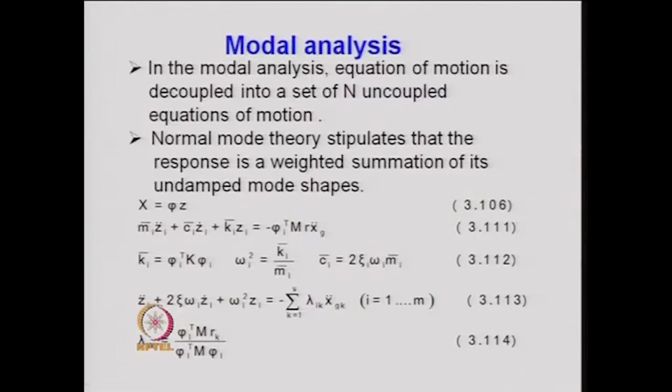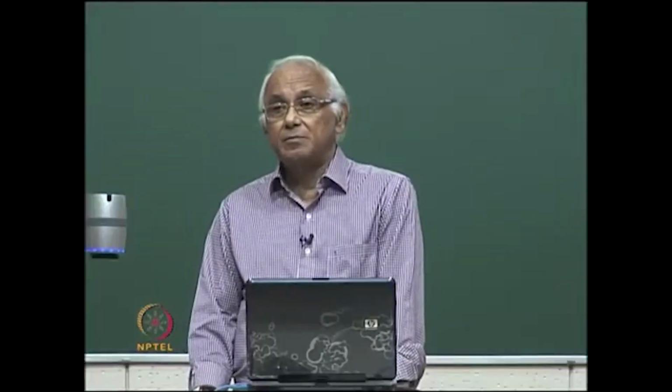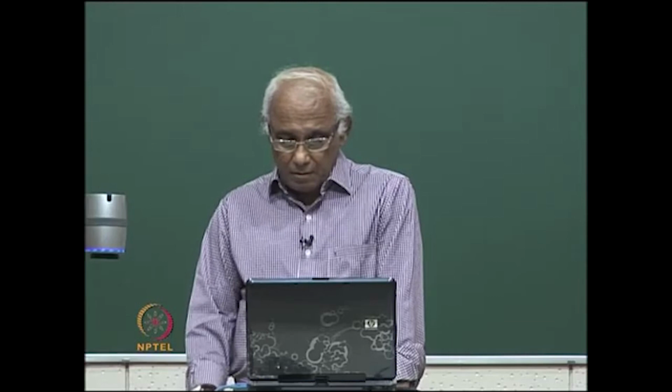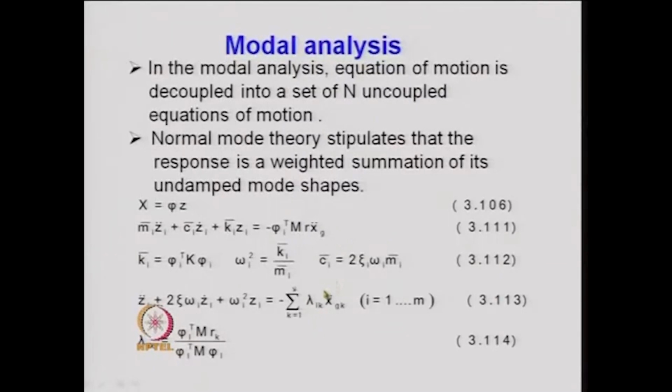That means, in a multi degree of freedom system, if you have s number of supports, these supports can be considered in the analysis, and at these supports we have different ground accelerations, represented by x double dot g k.